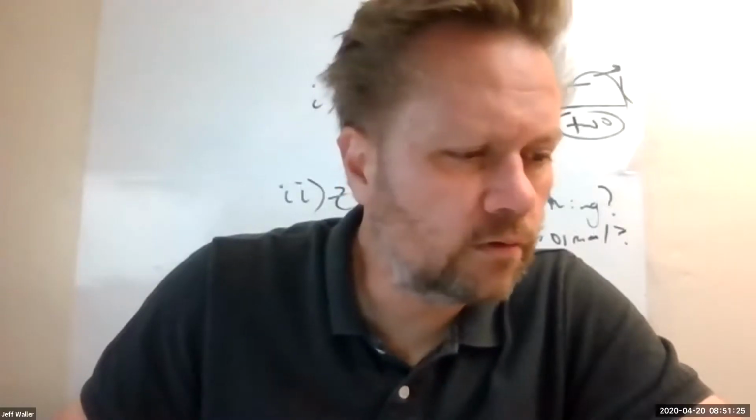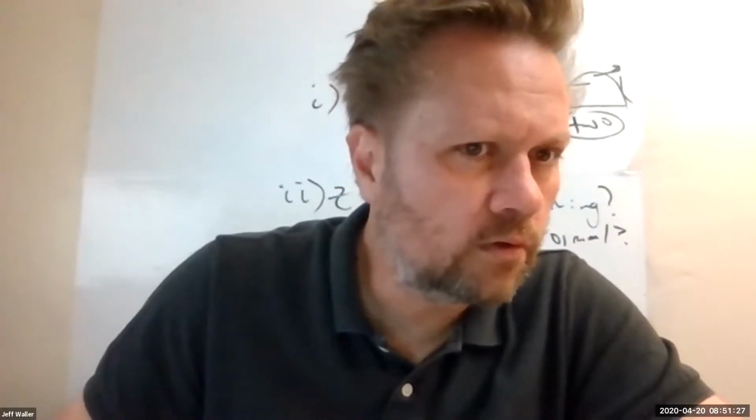I have one. Oh, what's up? Just about the T-score practice, the 8.2. Are you going to post that video too, or you already did? The T-score practice 8.2, where we had to figure out the degrees of freedom.